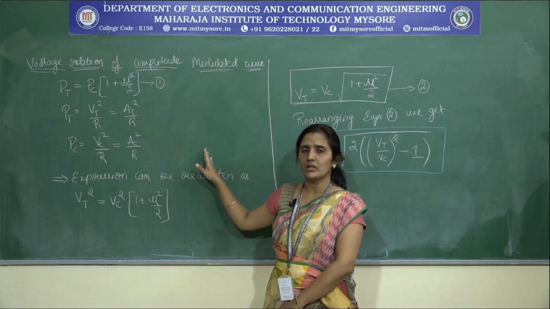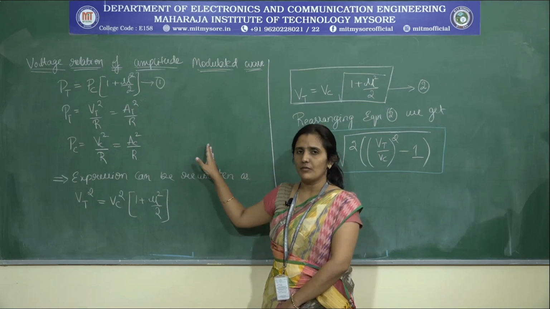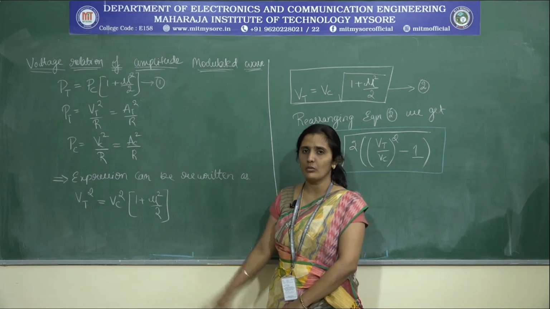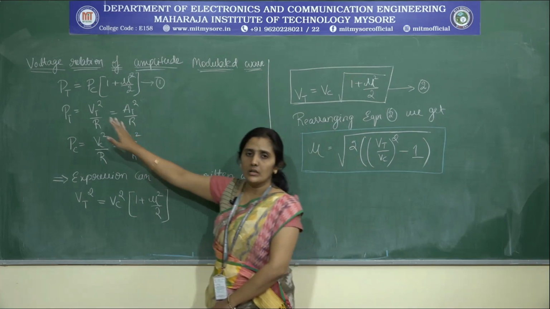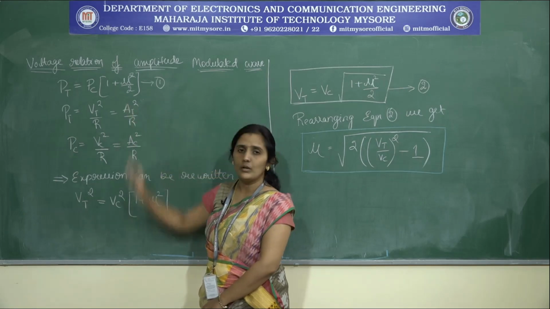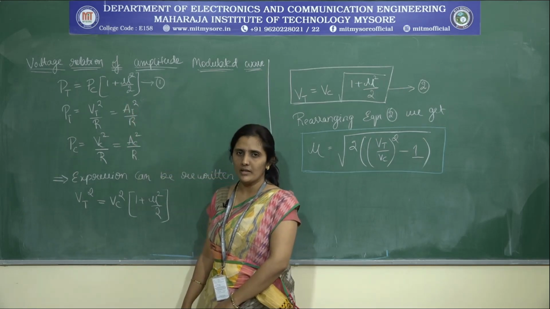So till now we have taken the current as a reference and solved for the amplitude modulation wave. Now let us consider the voltage. The same equation we are going to consider: the total power P of t is equal to P of c into 1 plus mu square divided by 2.